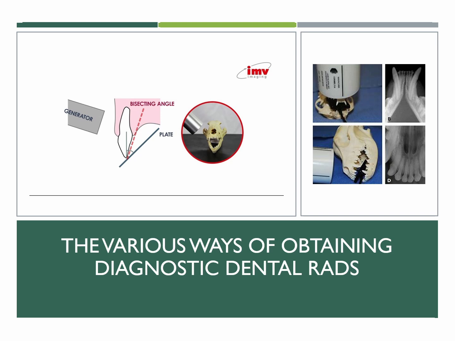Some of them you can, but a lot of them you're going to have to learn this thing called the bisecting angle. That is where you have your tube head, your plate over your teeth, and you split the difference, and you get this angle. That's what you put your tube head at, between the angle of that tooth and the plate, split that difference, and then you get the best diagnostic view you can get.